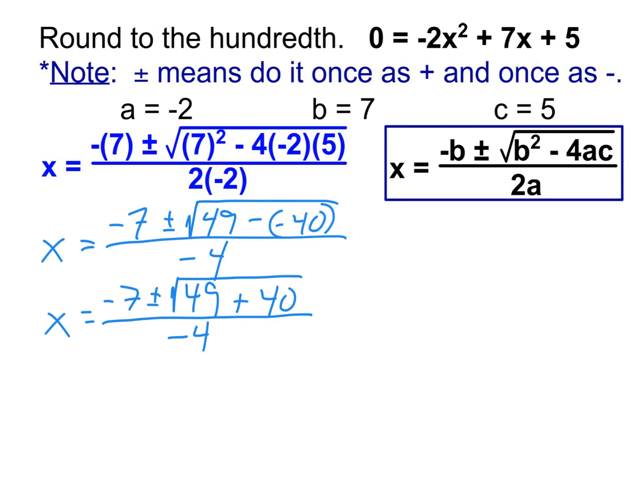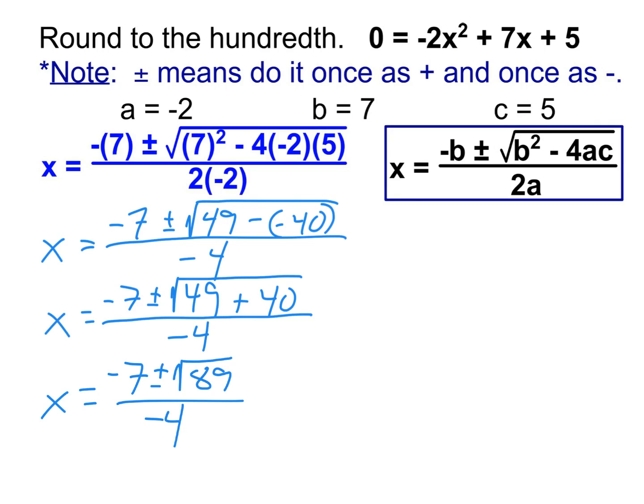All right, then we can go ahead and keep working through here. So we end up with x equals -7 plus or minus the square root of 89 over a -4. Now at this point, we need to know what to do.